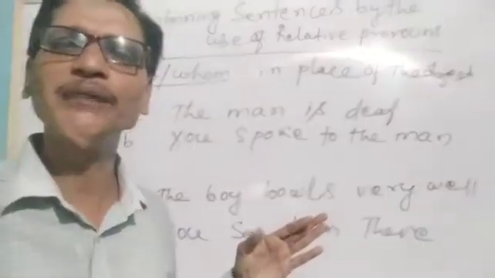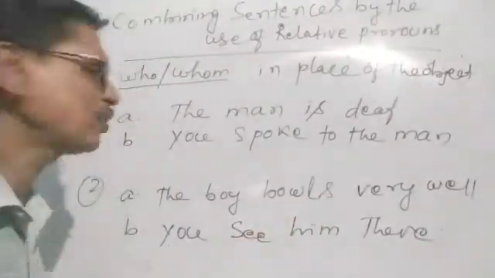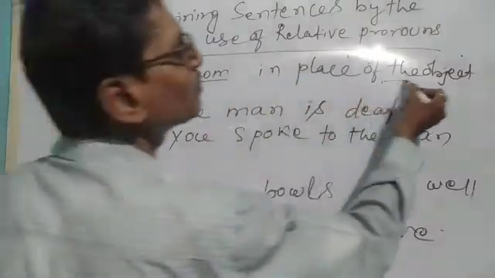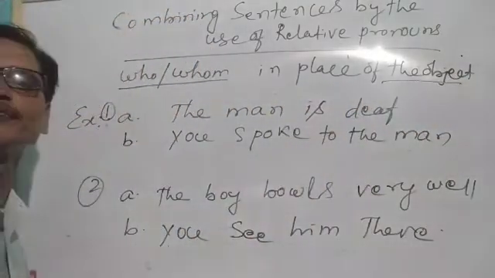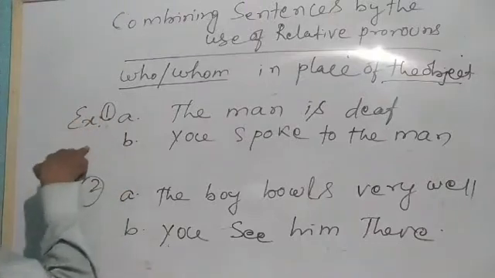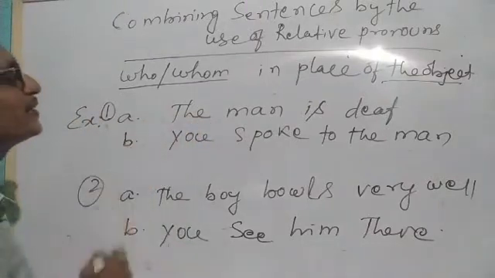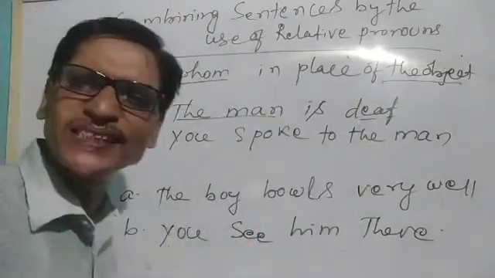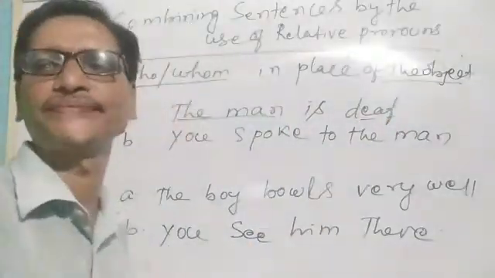Now let me write the answer over here. You see who and whom in place of the object. Here in the example we have written two sentences. The man is deaf. Who is deaf? The man is deaf.